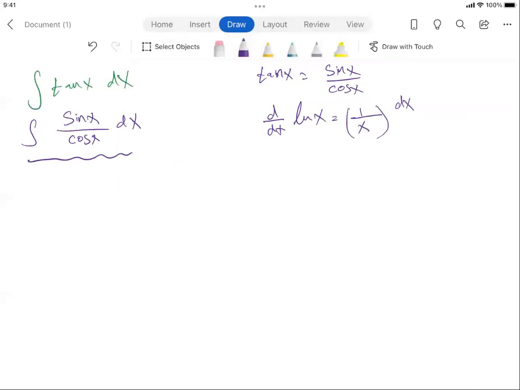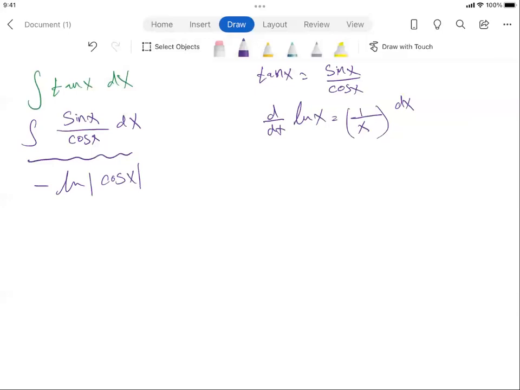So all I'm missing is the minus sign. So this one becomes negative natural log of cosine of x.